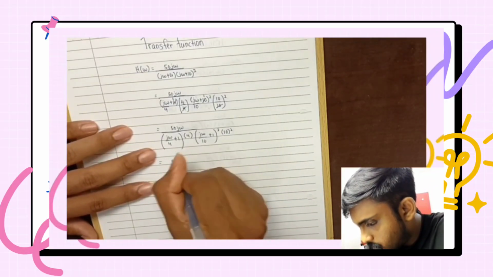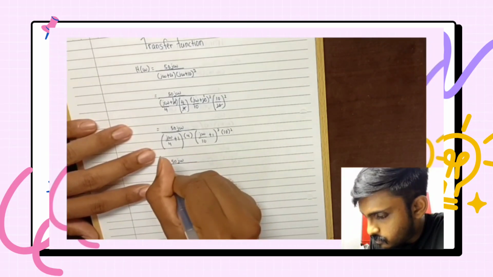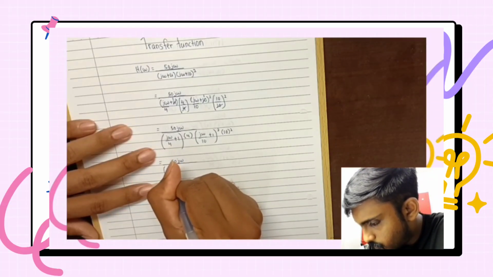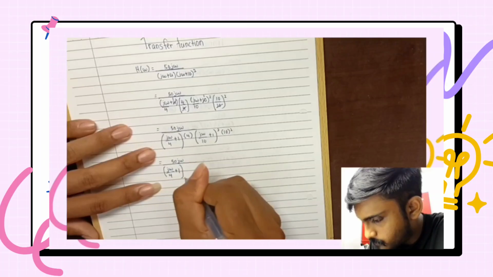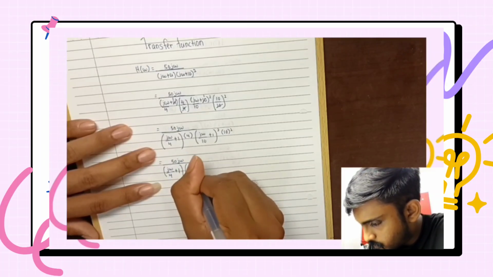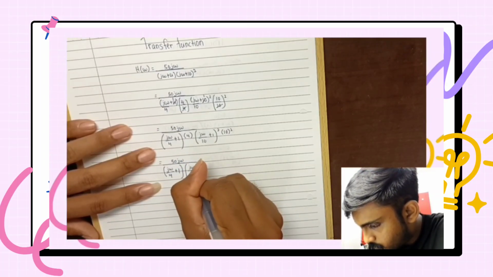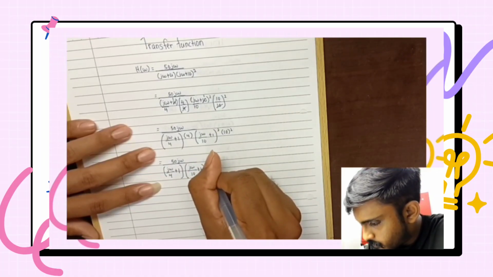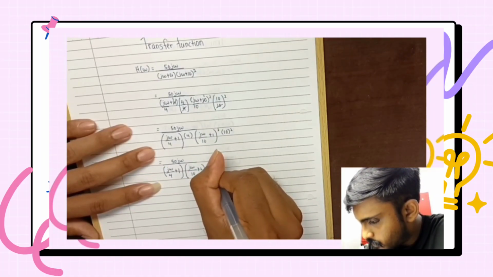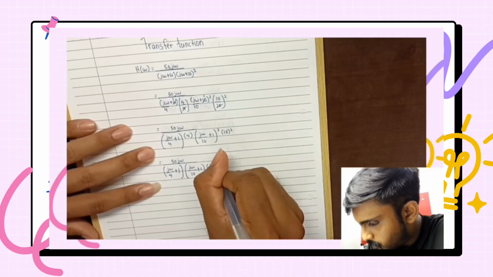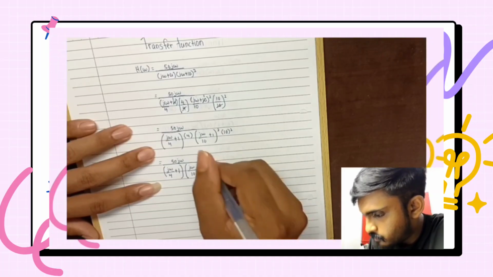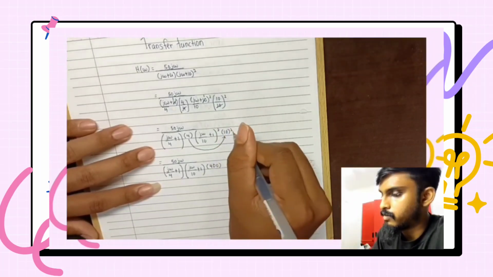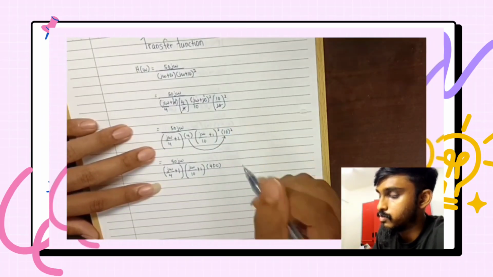So it will be j omega over 4 plus 1 and j omega over 10 plus 1, and 400, because we multiply with 10 to the power of 2, and 10 to the power of 2 equals 100.